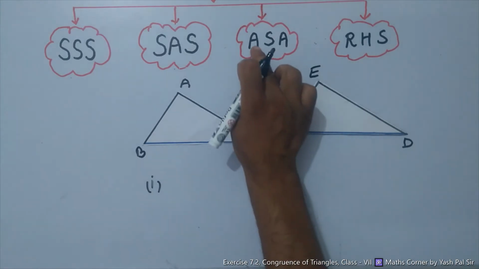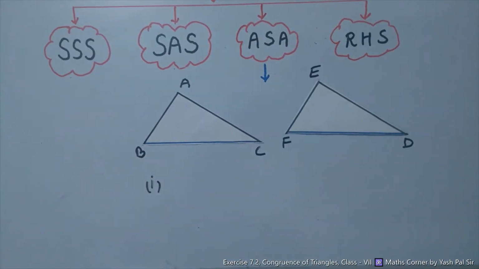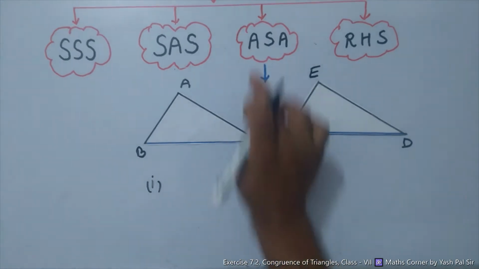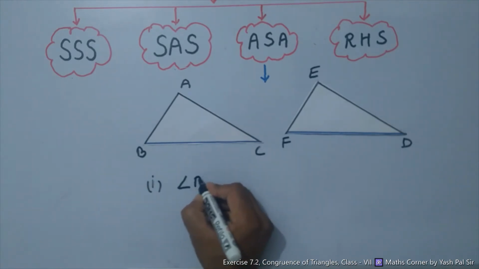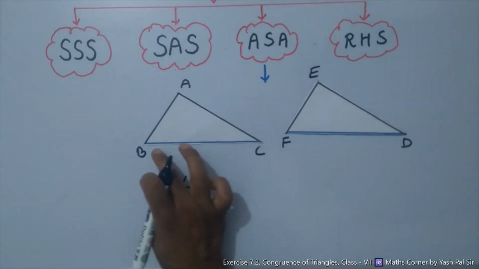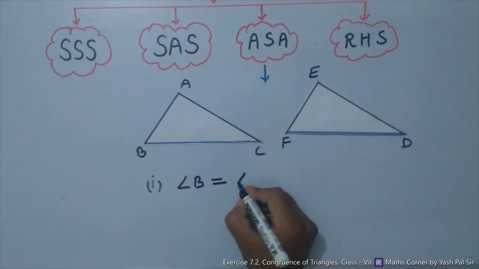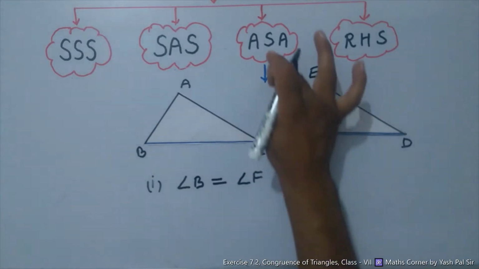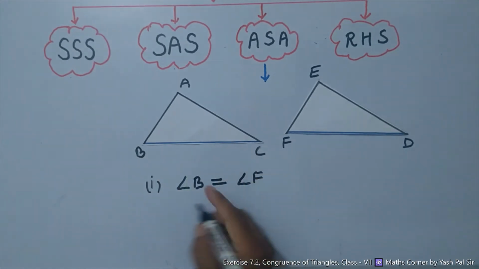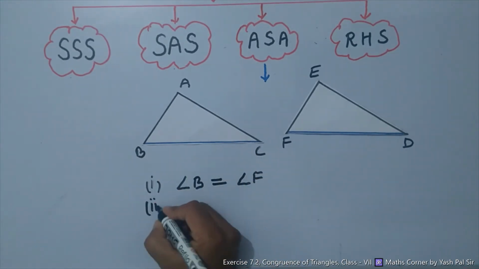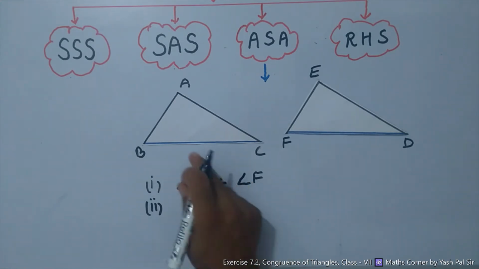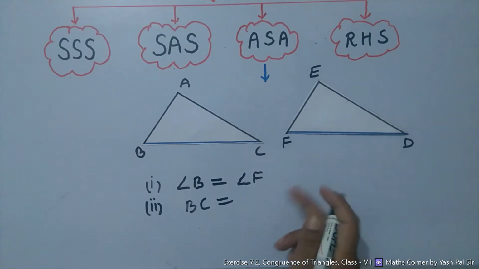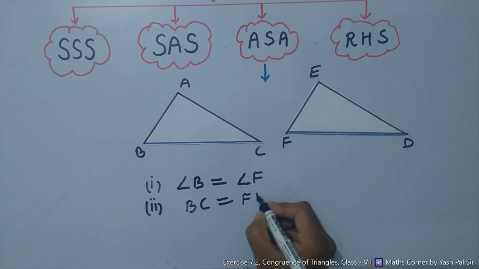We are discussing the angle, side, angle criteria, so firstly we start with angle. We take angle B, and the corresponding angle is angle F. Then we take the side, the base side. This may be any side. The side is BC and the congruent part in this triangle is FD.